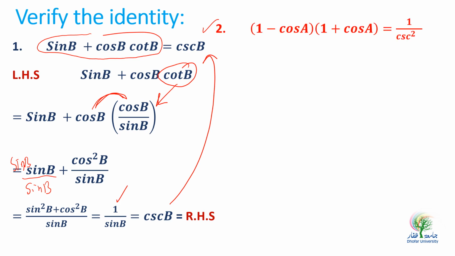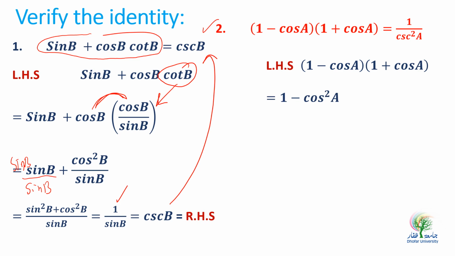Another question. 1 minus cosine a into 1 plus cosine a equals 1 by cosecant square a. Again we will take the left hand side, 1 minus cosine a into 1 plus cosine a. We know the formula a plus b into a minus b, which we write as a square minus b square, so 1 minus cosine square a.